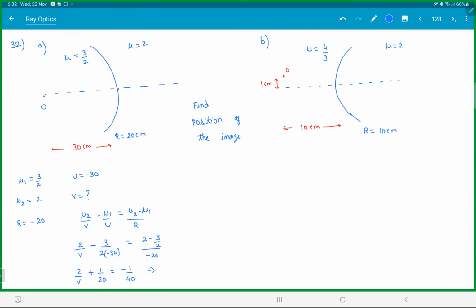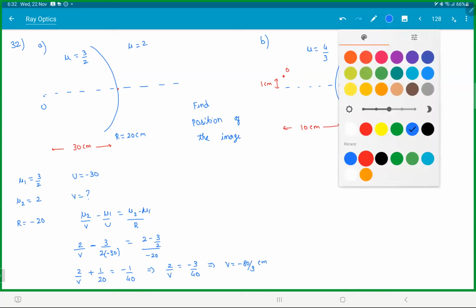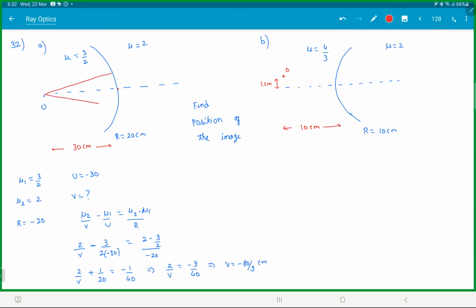This goes that side, so we'll get 2 by v is minus 3 by 40. So v is equal to minus 80 by 3 centimeters. Meaning the light rays are going like this, they're actually diverging, and the image forms here. It's a virtual image. Yeah, 80 by 3. Please check, see where you messed up.